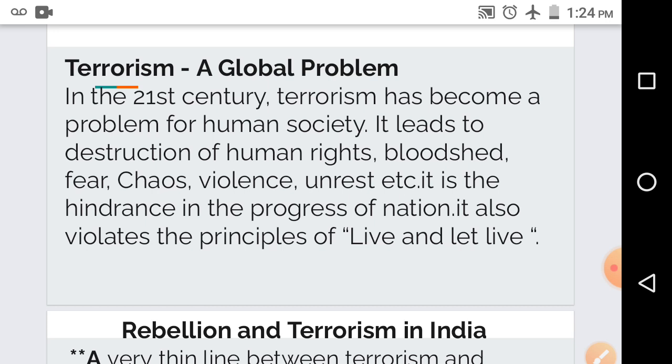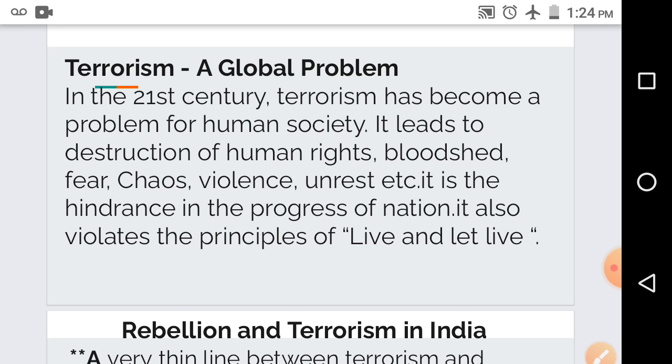Terrorism is related to violence, and that is why it openly violates the principle of live and let live. The objective behind any activity may be good or pious, but terrorism cannot be considered worthy. Terrorism is an organized, planned, and deliberate violent act.